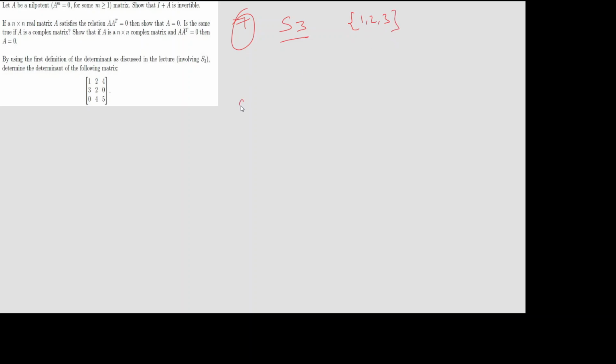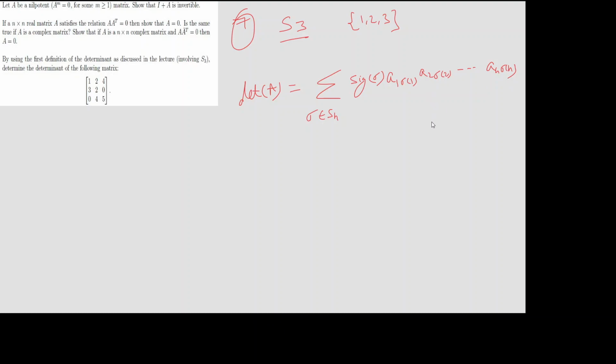In general, the determinant of any n by n matrix is given by the summation over permutations sigma belonging to Sn, of the sign of sigma, positive if it is an even permutation, a product of an even number of transpositions, and negative if it is an odd permutation, times A1 sigma of 1, A2 sigma of 2, up to An sigma of n.